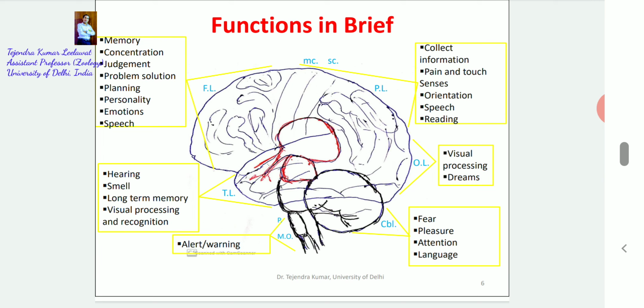Whereas the pons and medulla oblongata, or brain stem, are related to alertness and warning. And the cerebellum is related to fear, pleasure, attention, language. The occipital lobe helps us with visual processing and dreams at night.